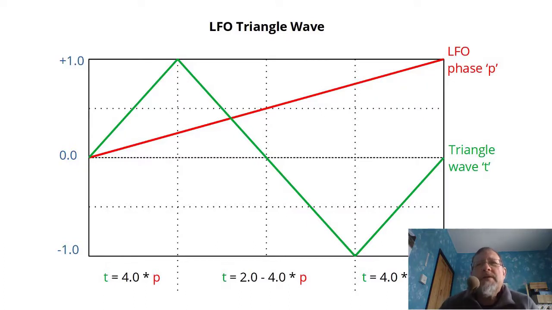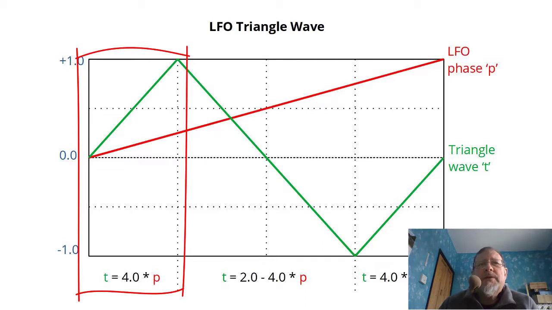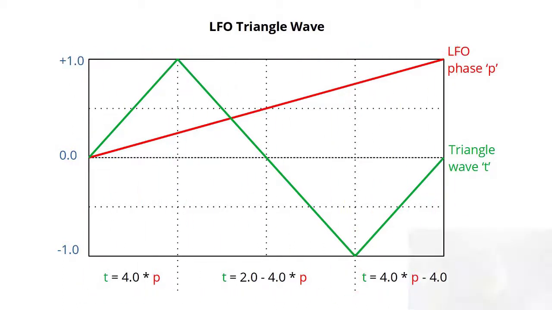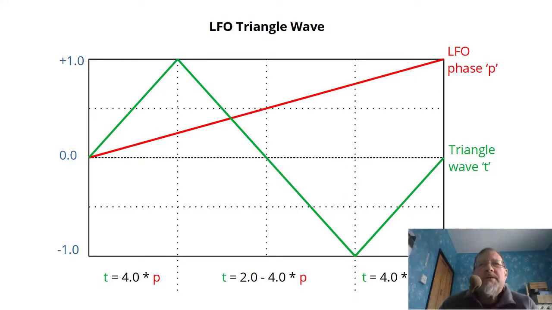The output depends on whether the phase, in red, is in the first quarter, the middle two quarters or the last quarter. Note that the LFO always produces a signal output between -1 and +1.